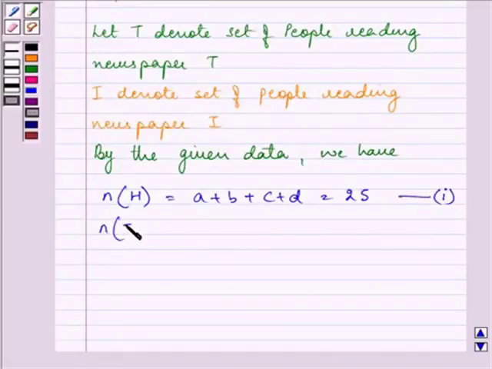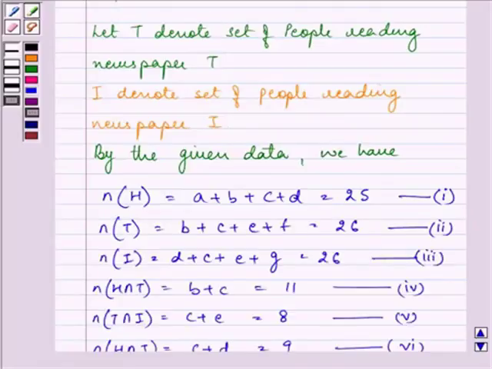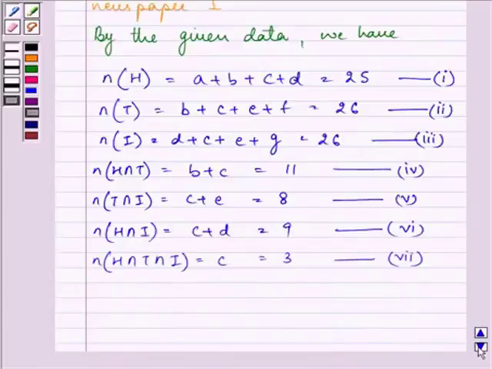Number of people reading newspaper T. So this is the information which is given to us in the question, and we have represented it in the form of equations and equated with the numbers we have been given. Right. Now, we need to find the number of people who read at least one of these 3 newspapers.